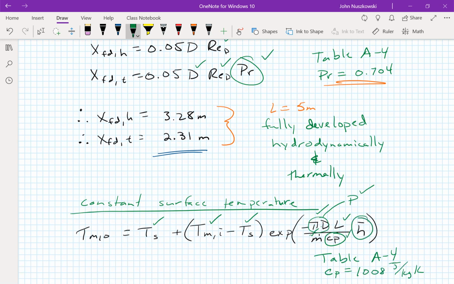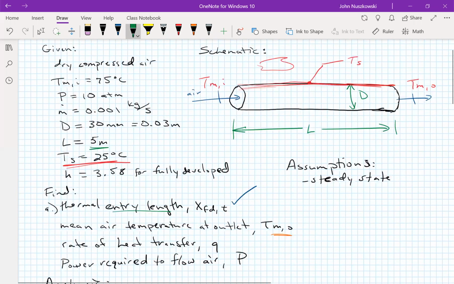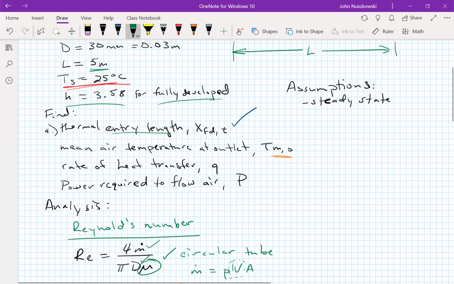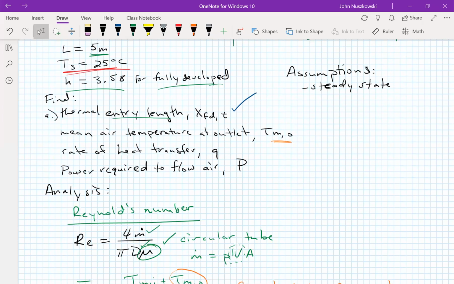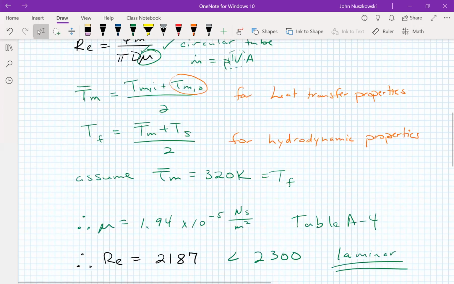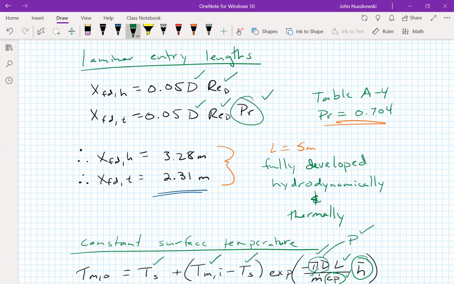Last is our convection coefficient. They gave us a convection coefficient right here in the problem for fully developed flow. So can we use that one? Yes, we determined we're fully developed, so we can use that one.